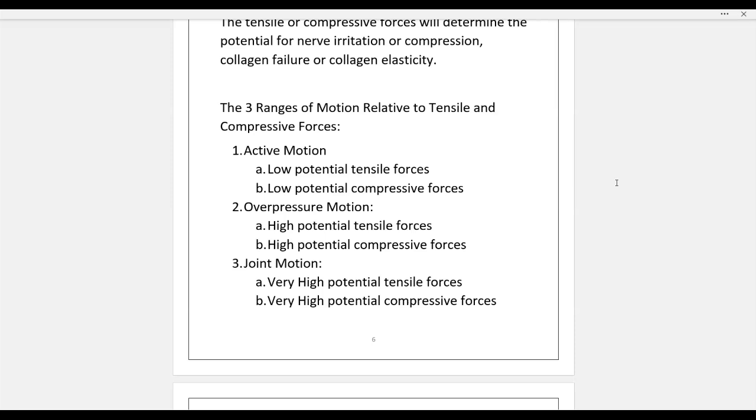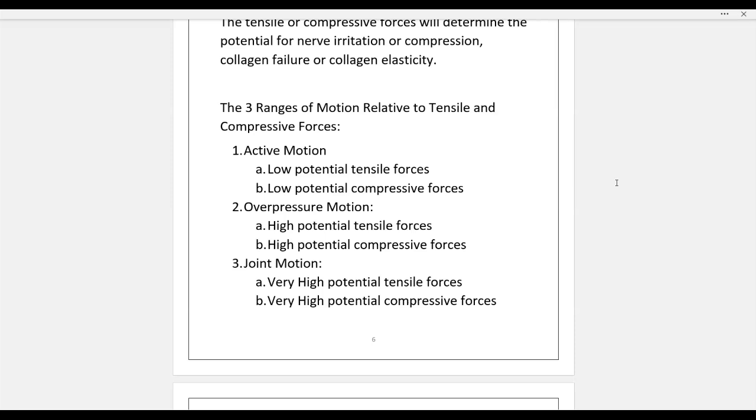And then the further you move it, what's happening to the tensile and compressive forces in the anterior and posterior component areas of the neck? They're increasing. Now, what happens when you get to the end of active range of motion and you go into overpressure? They significantly increase, not just a little, they significantly increase.